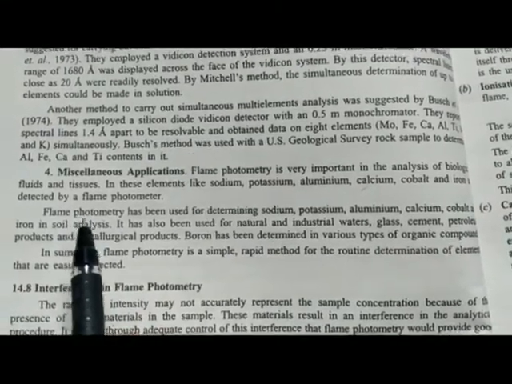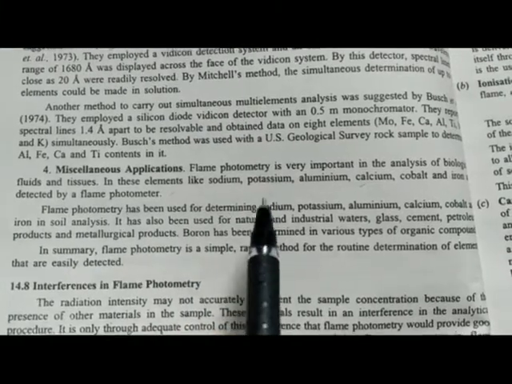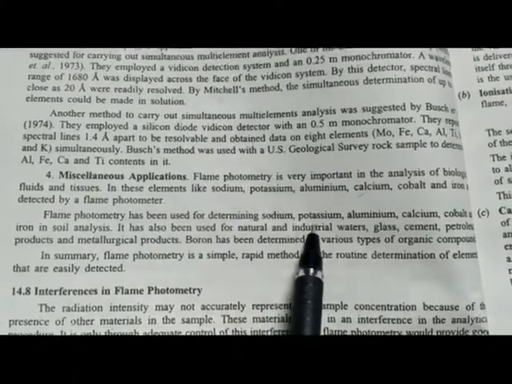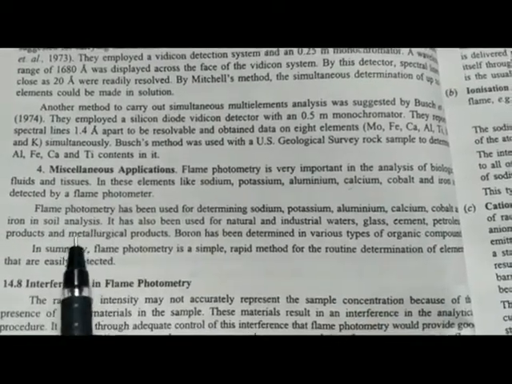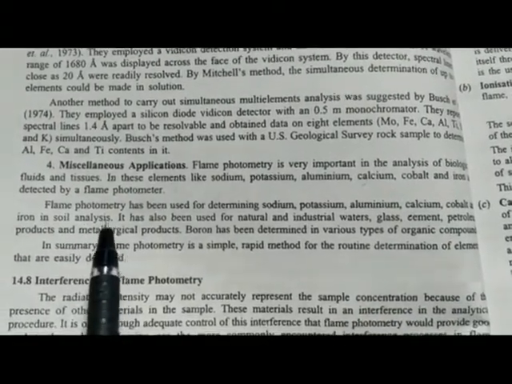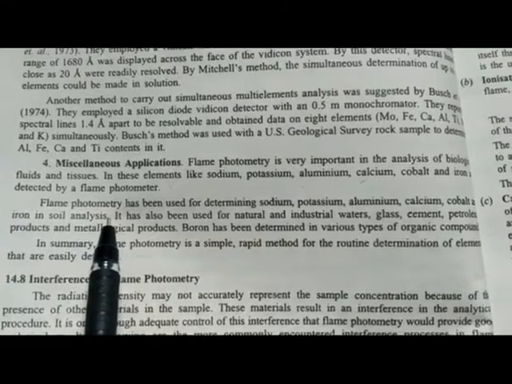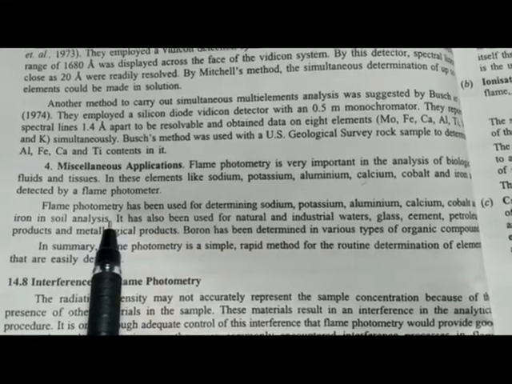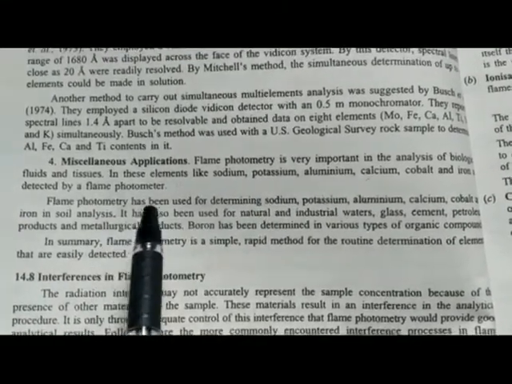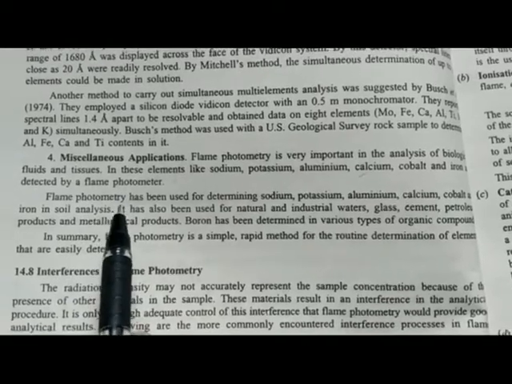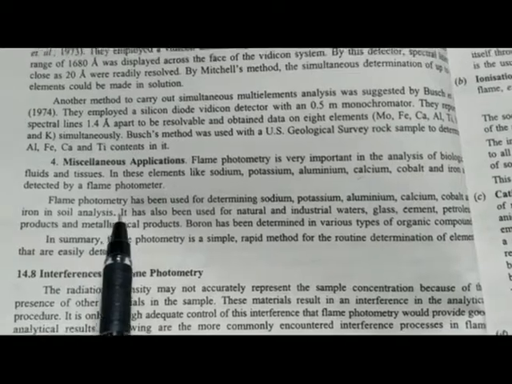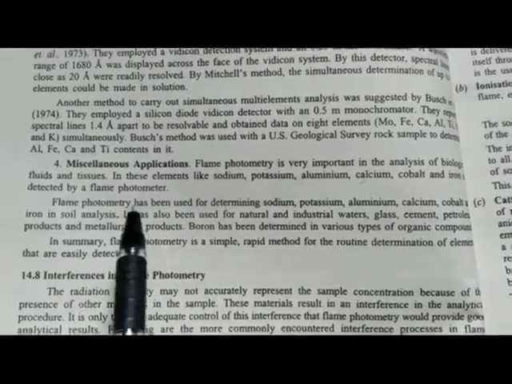Next, flame photometry is also useful for determination of sodium, potassium, aluminium, calcium in soil analysis. This is the most important application.